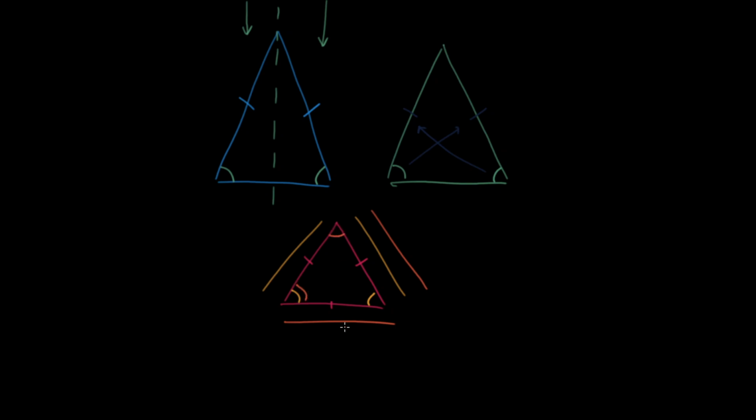I can work my way around, and what I'll end up finding, which is maybe an obvious fact, is that if a triangle is equilateral, it will also be equiangular. The converse is true as well: if a triangle is equiangular, it will also be equilateral. These are all things that we'll prove, but will be useful to us whenever we try to solve problems with isosceles or equilateral triangles. That'll be the next thing that we do in our talk about congruent triangles.